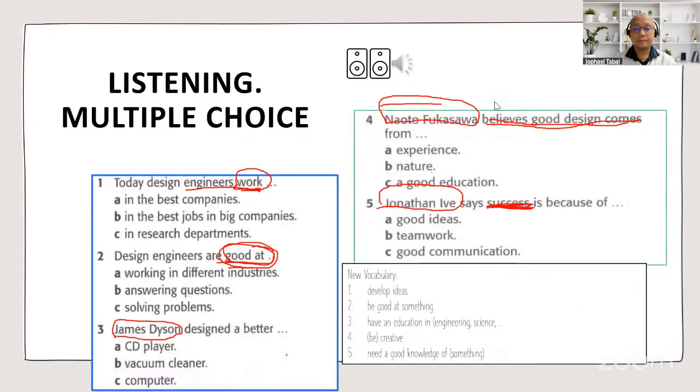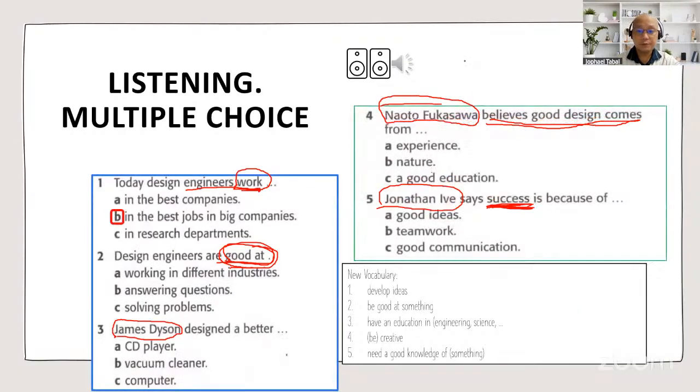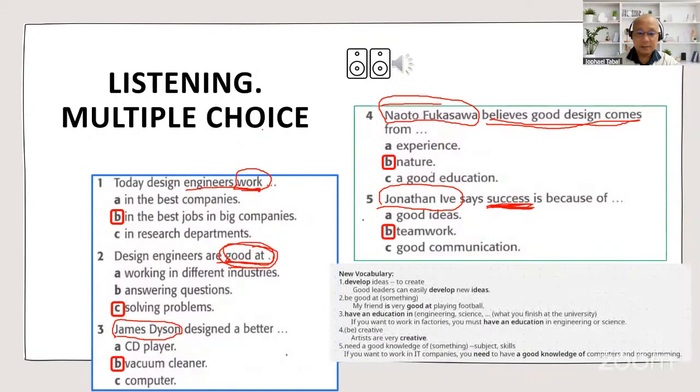Okay, here. So what you need to do right now, everyone, this is your task. Your task now is use 5 new vocabulary to, number 1, write a short story, okay?